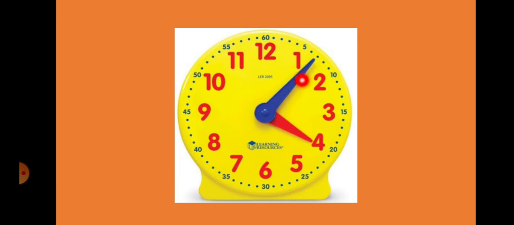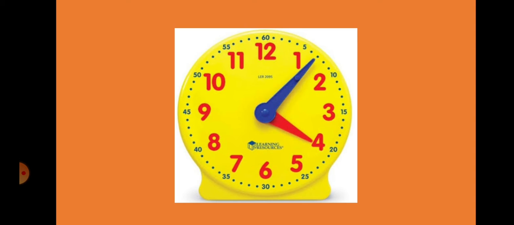Okay, when the minute hand is on 12, that means it is 4 o'clock. Okay, not 4:60, 4 o'clock. It goes up to 4:55 until 4:59. But when it comes to 60, that is on 12, at that time we have to say 4 o'clock.